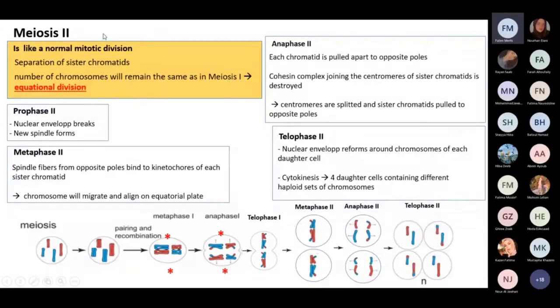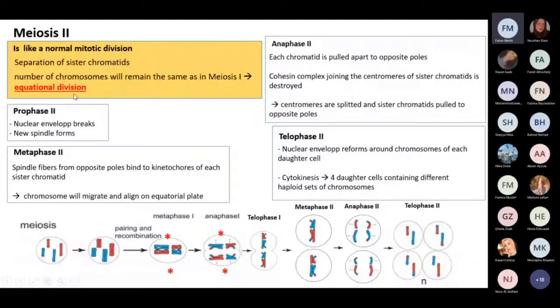Here at the end of meiosis 2, we will conserve the same number of chromosomes. That's why it is called an equational division. And we will still have an equal number of chromosomes as at the end of meiosis 1, but it's the number of chromatids that will be reduced, and we will have cells with one chromatid.